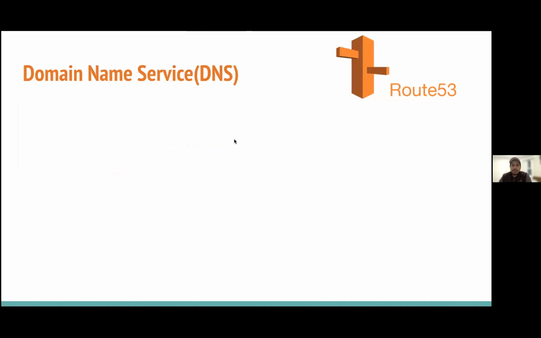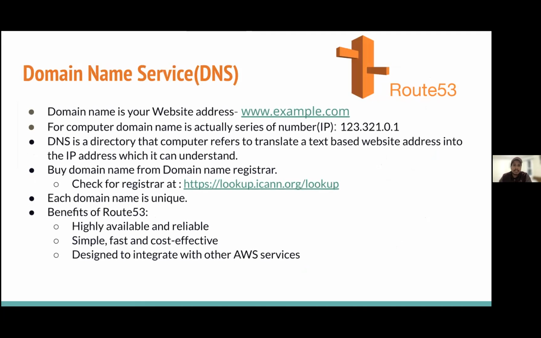So as I was mentioning, for a website to be found online, there is a directory kind of thing that the internet uses that matches the domain name that you have to purchase, or you already have your domain name, which could be like www.example.com.